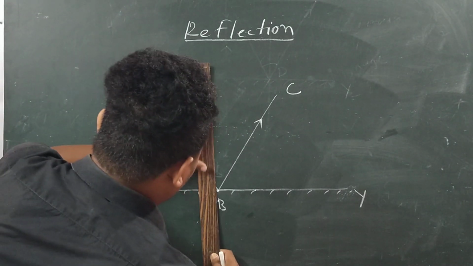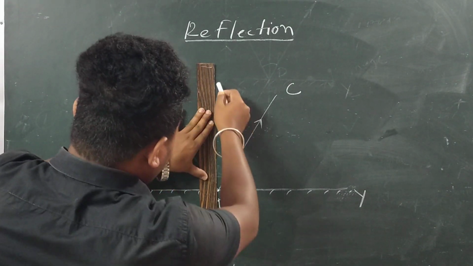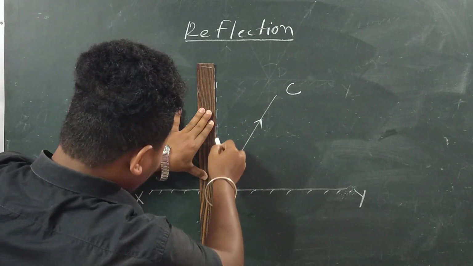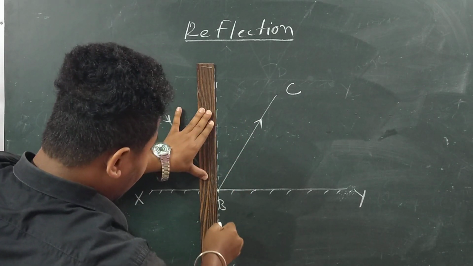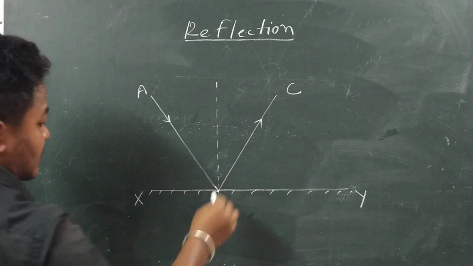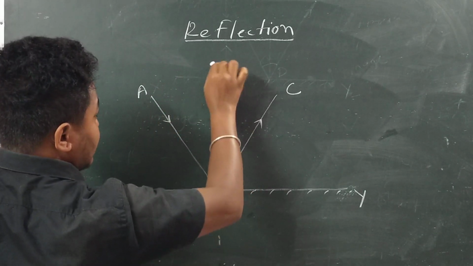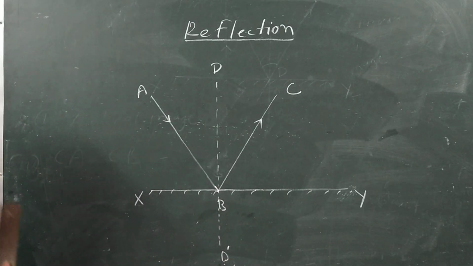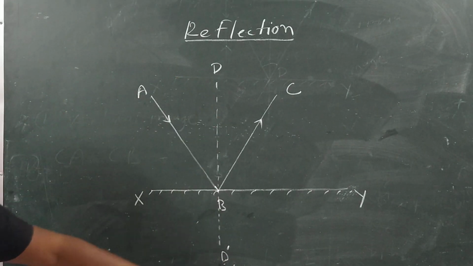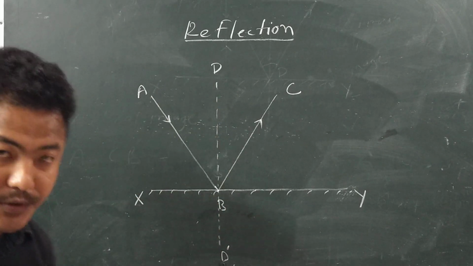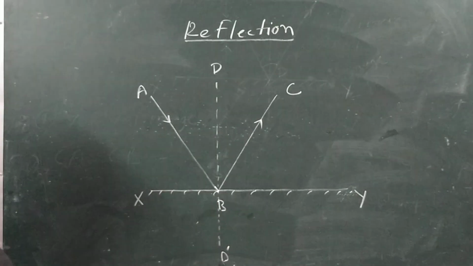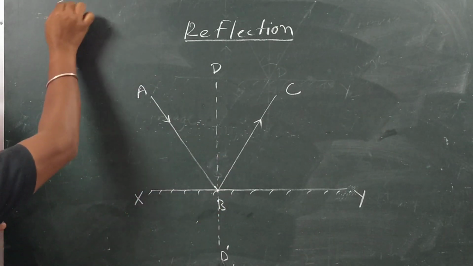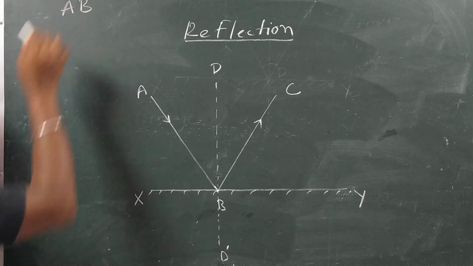Now if I consider here a perpendicular axis, suppose this axis is DD dash. This DD dash will be your normal. So we have found a couple of things. First of all, AB.